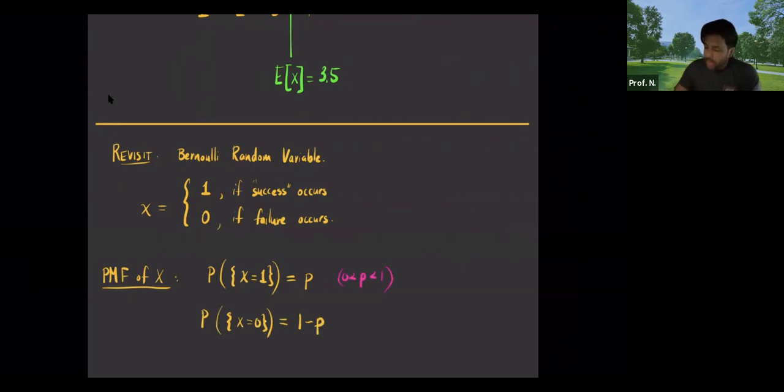Okay, and now the question I'm going to ask is, what's the expected value of a Bernoulli random variable? Well, I only have 2 possibilities for x. X could be 0 or x could be 1. And what's the probability of me getting a 0? Well, it's 1 minus p.